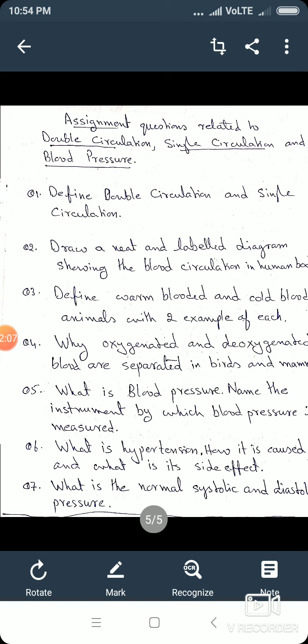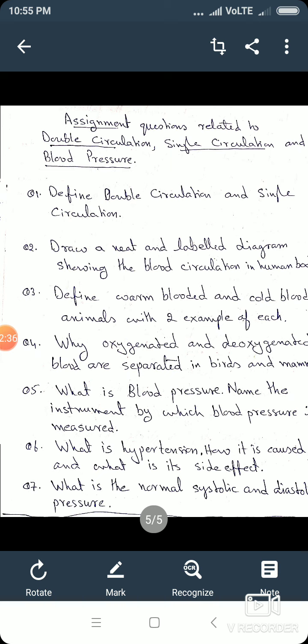The first question is, define double circulation and single circulation. Second, draw a neat and labeled diagram showing the blood circulation in the human body. Question number 3, define warm-blooded and cold-blooded animals with 2 examples of each.